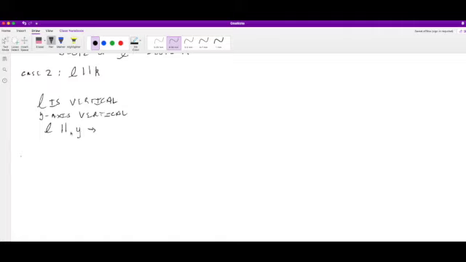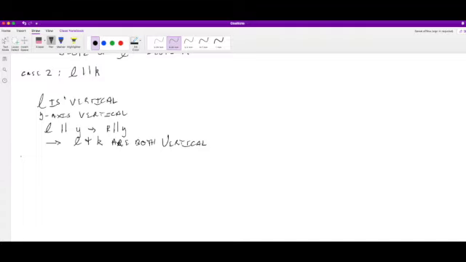So if y is parallel to L, that means, I'll probably strike that, if L is parallel to y, that means by a previous theorem that K is also parallel to y, right? Which means that L and K are both vertical. All right? So they're both vertical lines.